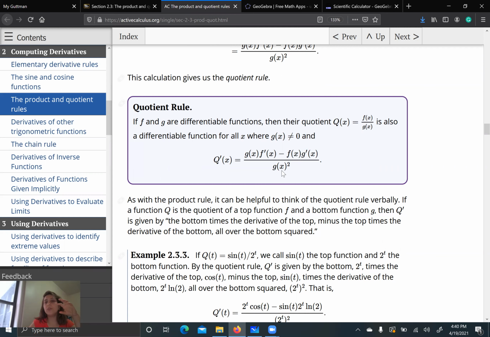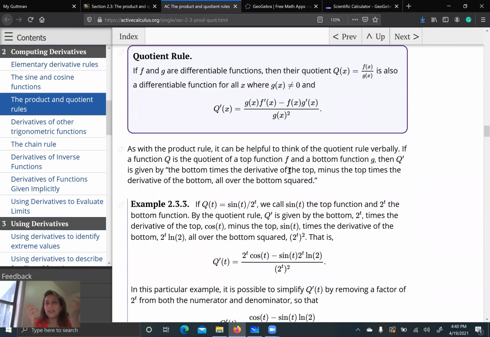Now, if you call numerator and denominator by functions, like let's say q is f over g, f divided by g, then you say g times f prime minus f times g prime divided by g squared.